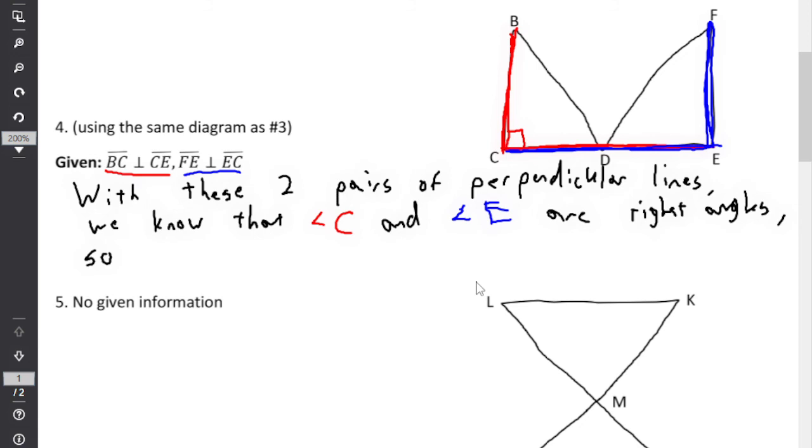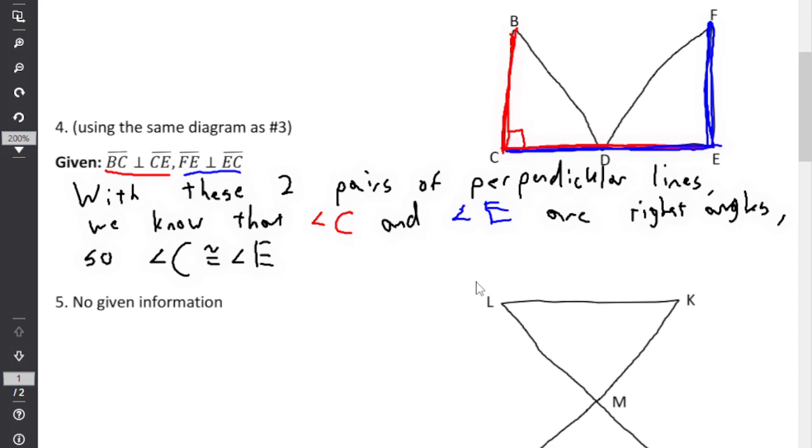How can we get the measure of angle E? Oh, that's right, because it's a right angle again. If they're both 90 and they're both measuring the same, that's what congruent means. It means they measure the same. So angle C is congruent to angle E.